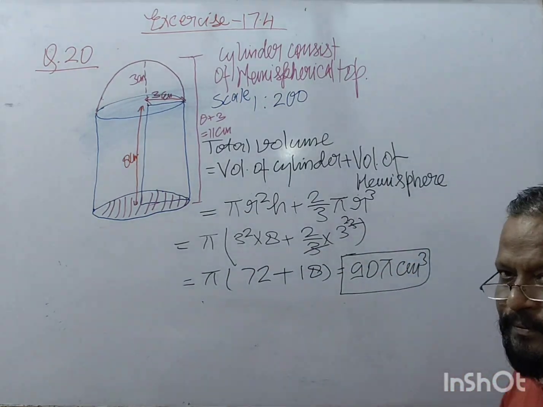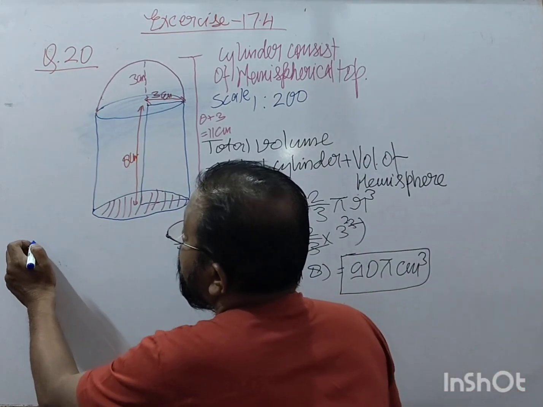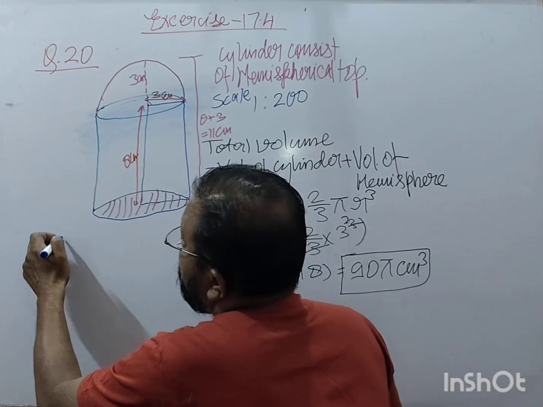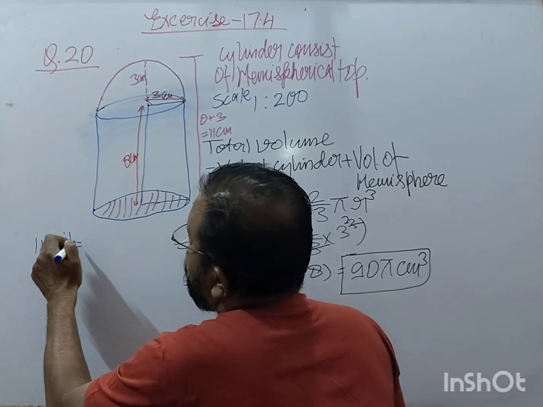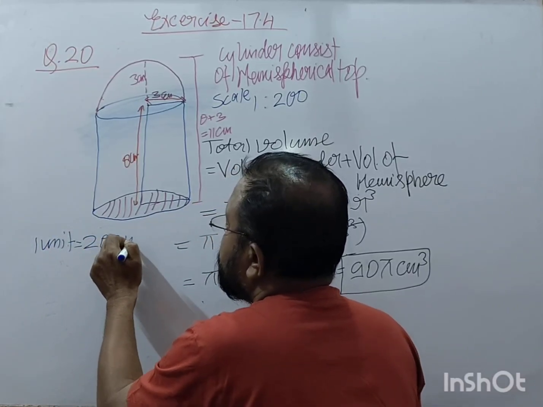This is the volume, 90 pi centimeter cube. Now it is saying 1 unit is equal to 200 units.